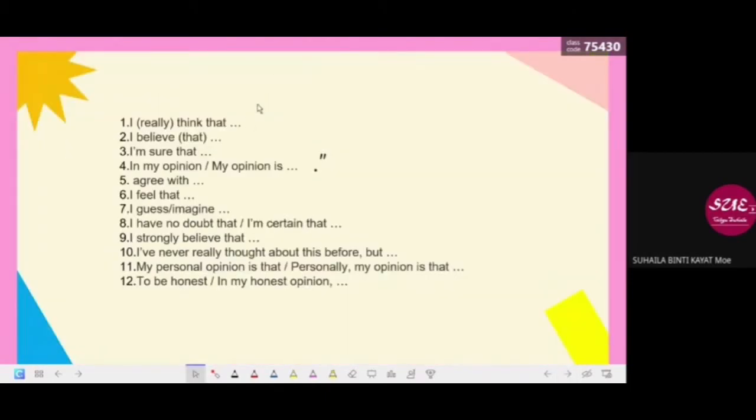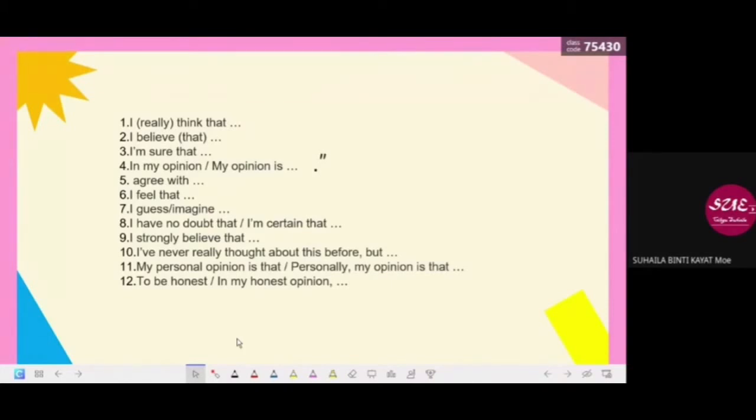Next, I'm going to show you these 12 phrases that you can use to start your sentence when you want to give opinion. Like just now, let's say you ask me, teacher, can you help me to choose which one is better? A or B? So I can start by giving you, I think that A is better, or I'm sure that, in my opinion, I feel that, I guess.